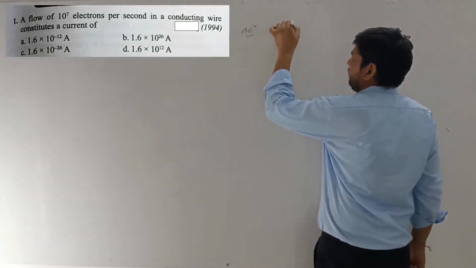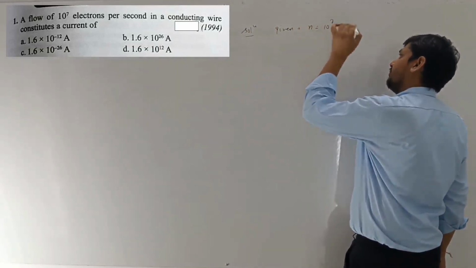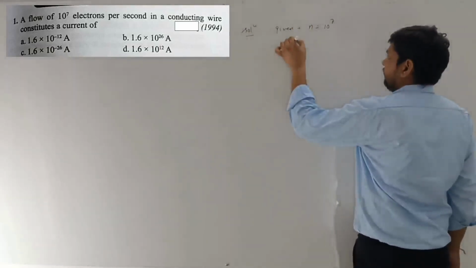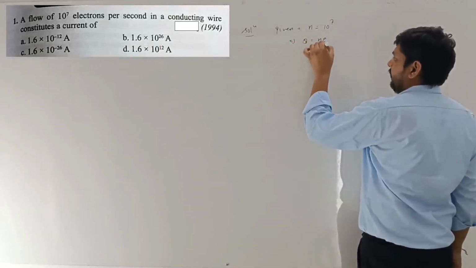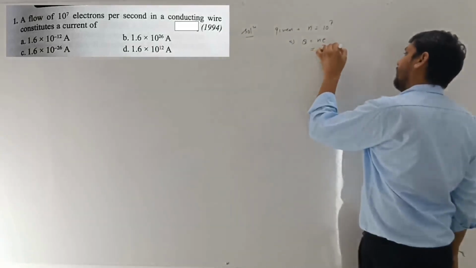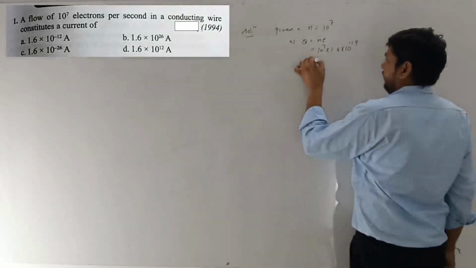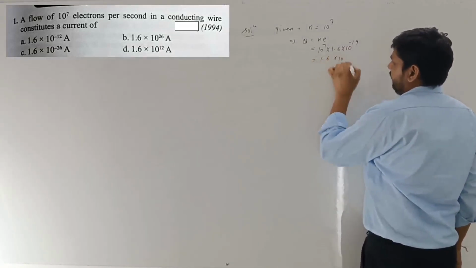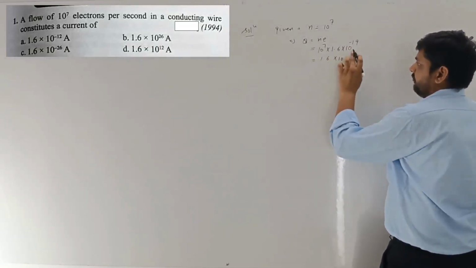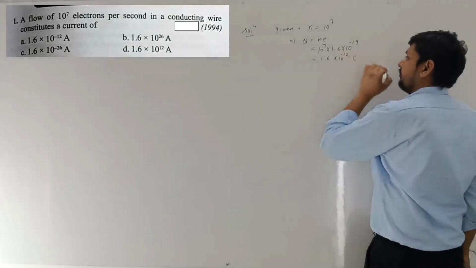Given N, the number of electrons, is 10 raised to power 7, and we know Q is equal to Ne, with e value 1.6 into 10 raised to power minus 19. If we simplify, the value becomes 1.6 into 10 raised to power minus 12 coulomb.